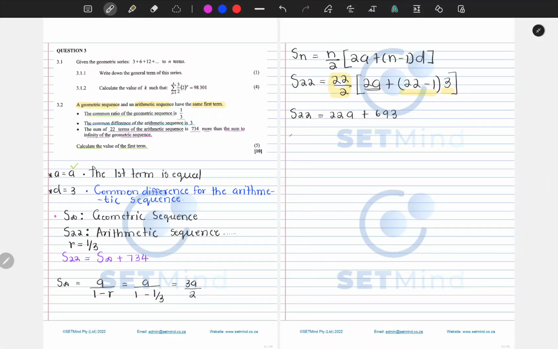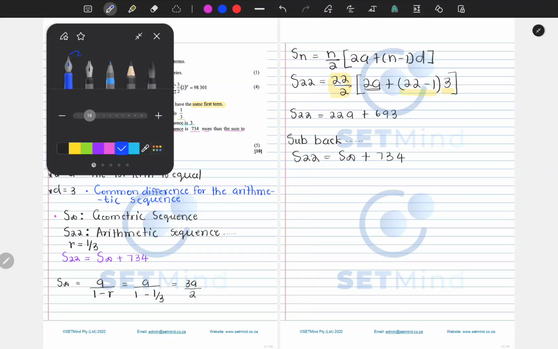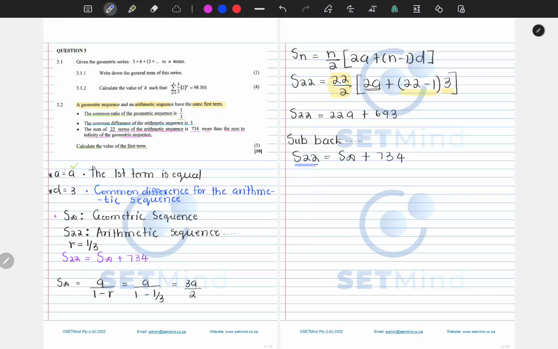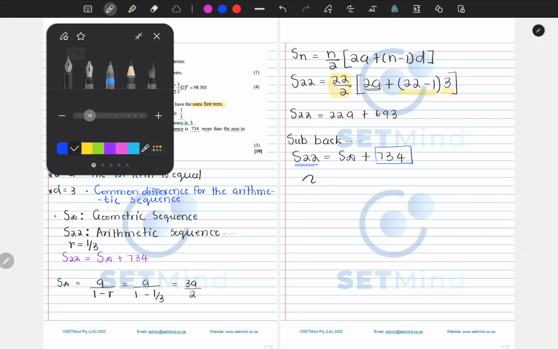So now that we have this, we can substitute back into the expression we wrote, which was S22 is S infinity plus 734, because they said that the sum of the 22 terms is 734 more than the sum to infinity. So let's sub back.